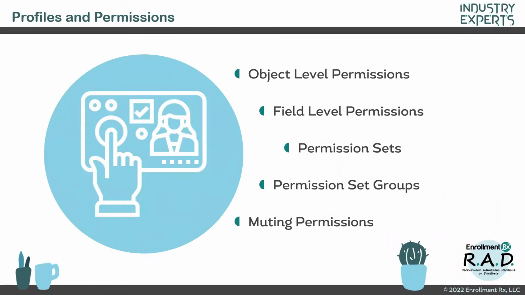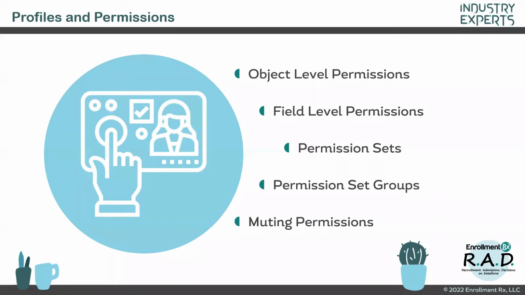You don't have the permissions to view any record on that object at all. Object level permissions can grant 4 different capabilities: read, create, edit, and delete, or CRUD for short. And field level permissions let you designate which fields can be viewed and which fields can be updated for a given user, further adding more security to the data that they're accessing.